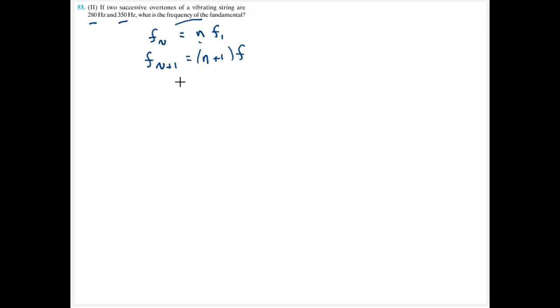Now what we can do is take a difference of these two. I'm going to say, what is the change in frequency? That's going to be frequency n plus 1 minus the frequency of n. So that's n plus 1 multiplied by the fundamental frequency minus n multiplied by the fundamental frequency.